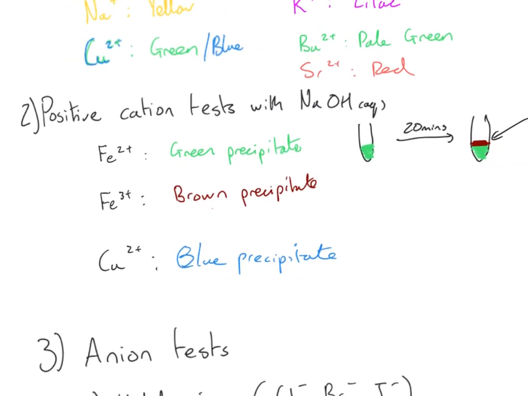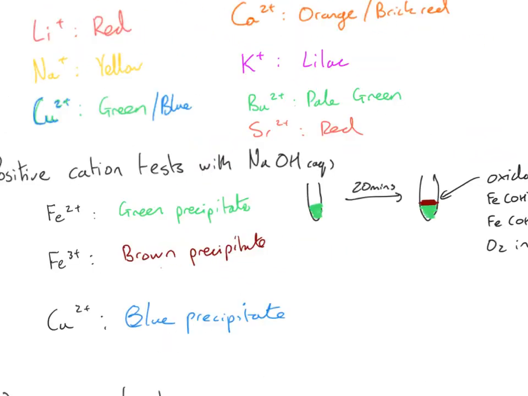So the green precipitate would be Fe(OH)2, brown precipitate would be Fe(OH)3, the blue precipitate would be Cu(OH)2.